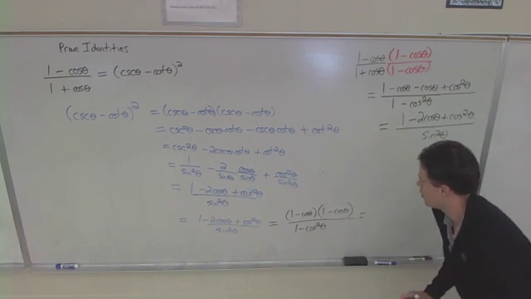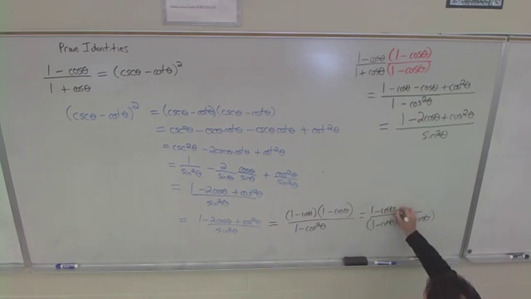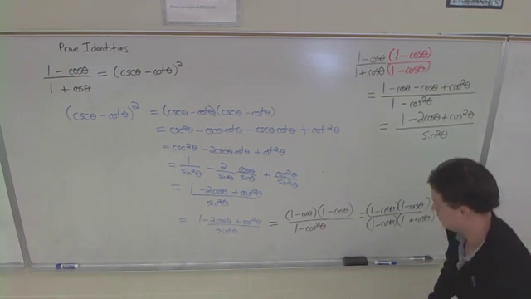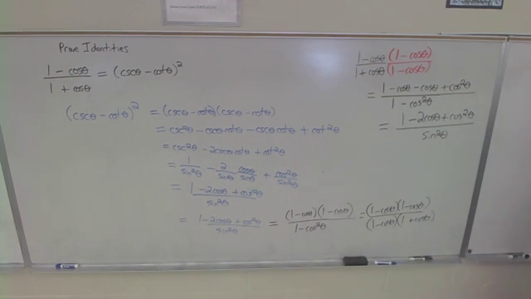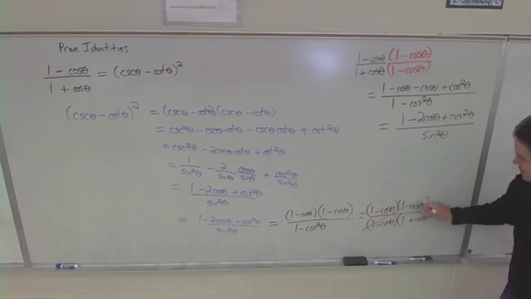And then this is difference of squares factoring. 1 minus, 1 plus. Jensen, this is just set up for you. Okay, so here's what we're gonna do. We're gonna slice it just like that.